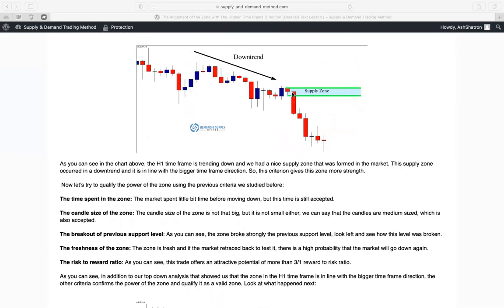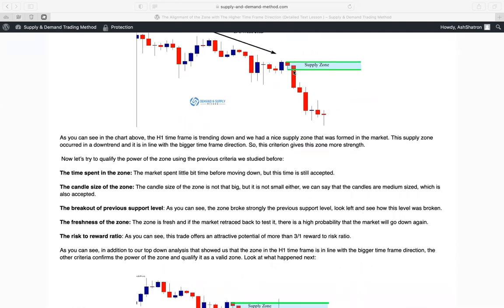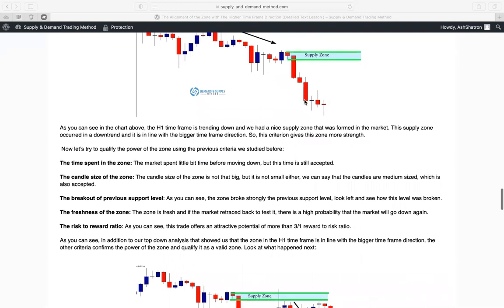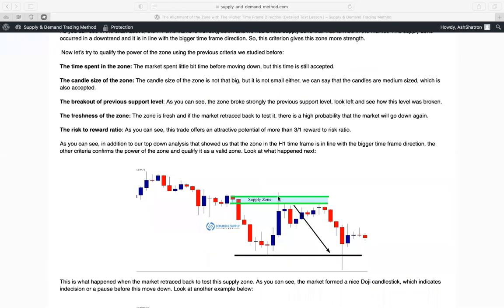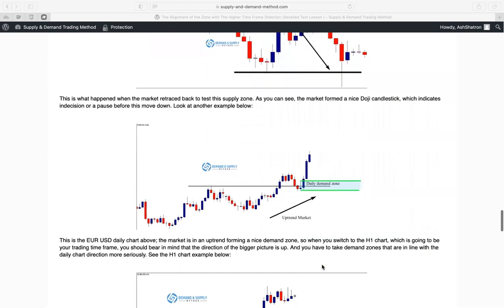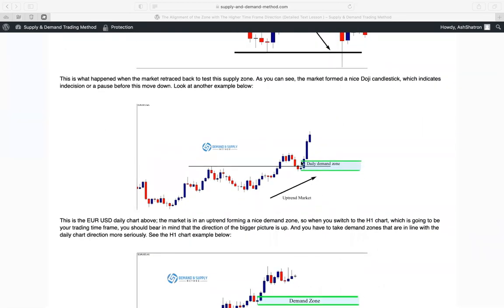This is also a very strong move to the downside, right? If you look, this wasn't a strong move to the downside, but this was a strong move to the downside. So he considered this as his supply zone. Price went back to the supply zone and price went down. This is his demand zone, right?